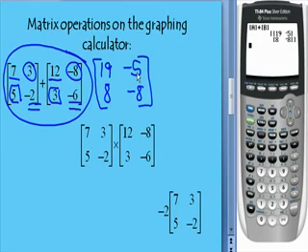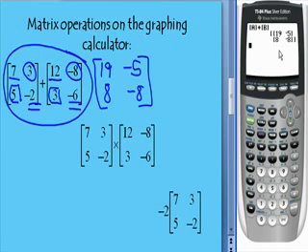And if you look back over here on the graphing calculator, you have that same exact matrix there for you. You do need to understand that the calculator shows you double bars at the front of your matrix and at the back of your matrix so that you know that's the beginning and the end.